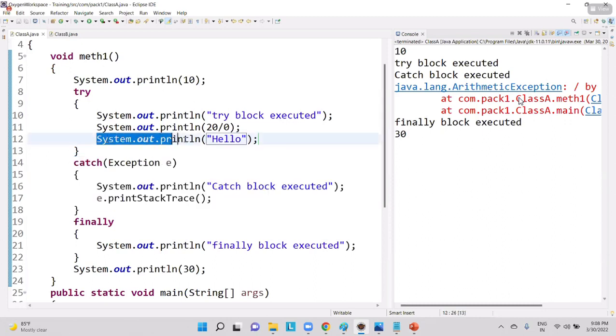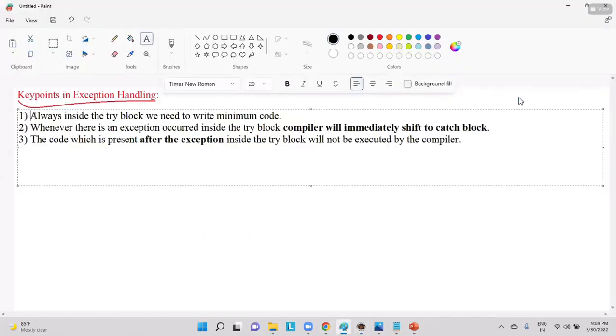So the remaining code present inside the try block after the exception will not be executed. That is the only reason always inside the try block we need to write minimum code. Did you understand the point, guys? Please tell me yes or no. Yes, that is good.